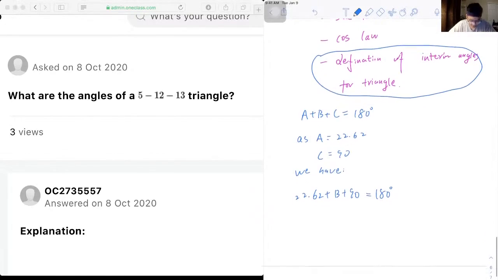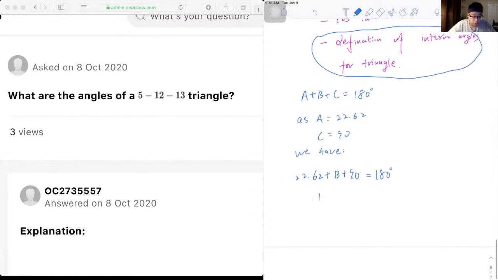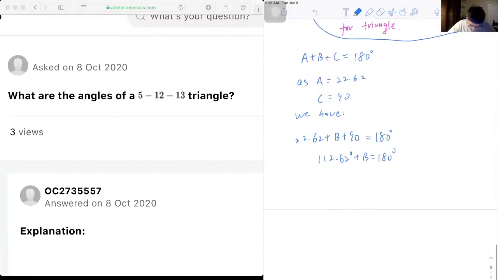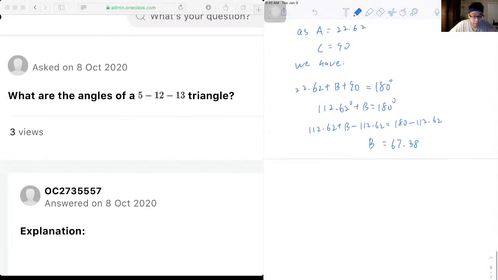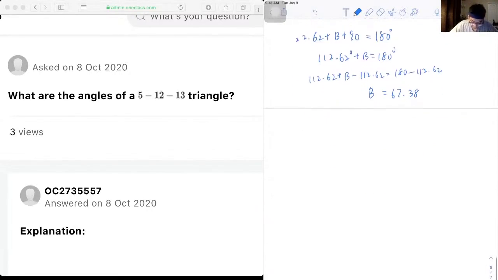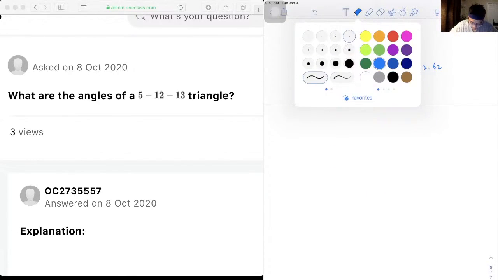That's going to be 112.62 degrees plus B is equal to 180. Then we minus 112.62 on both sides, so we will have 67.38. Okay, so now we have all three angles, and we can write our conclusion.